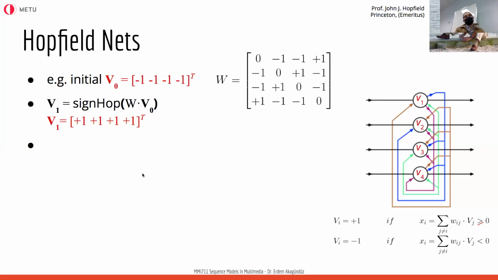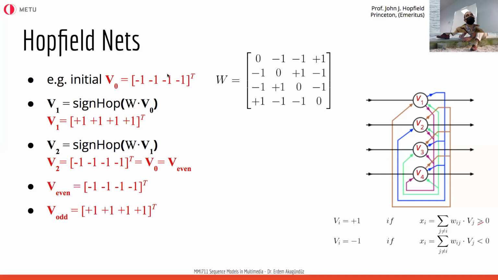This was the first step. Let's get to the next step. I apply the same thing, and I get a -1. What have I done? By using these weights and this initial input, I get these states.